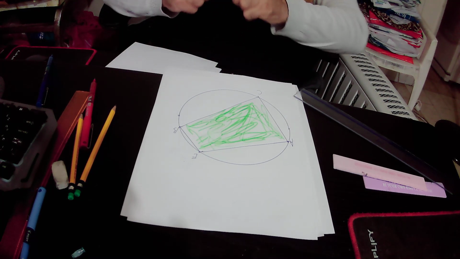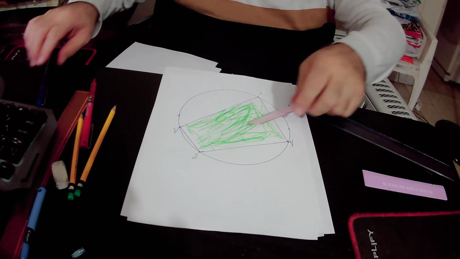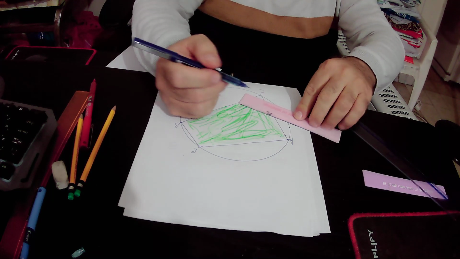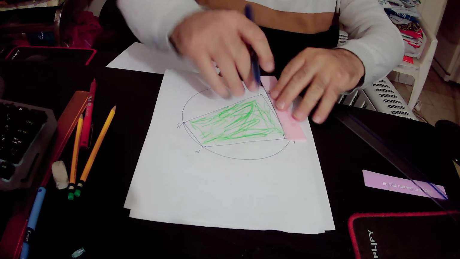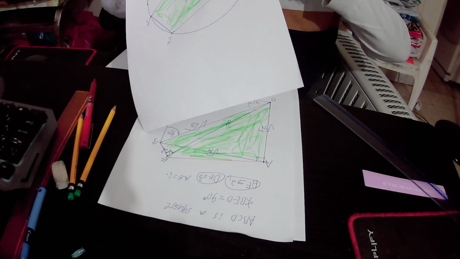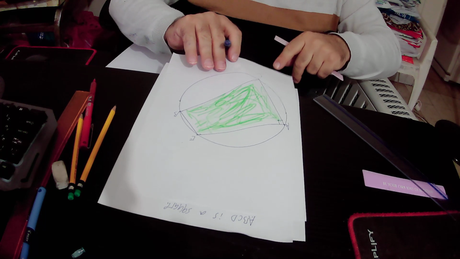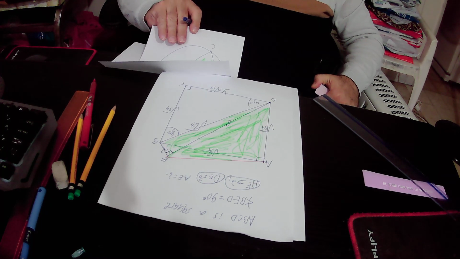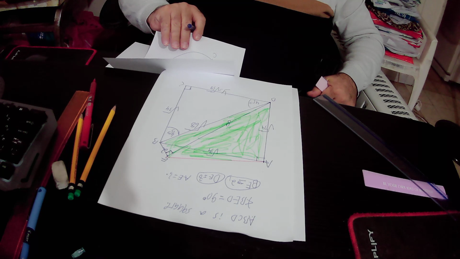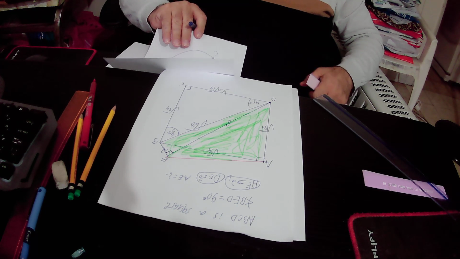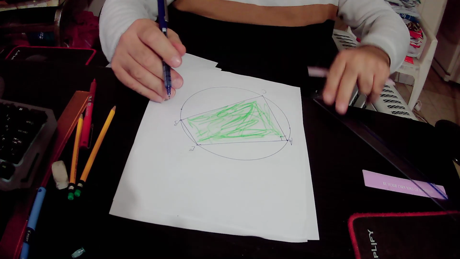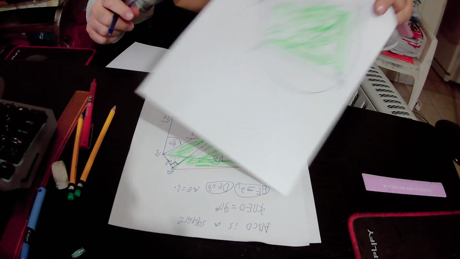And I will also repeat rule number 2. According to rule number 2, because of the fact that this right angle, angle BAD, so it is AEBD, so it is actually angle BAD is a right angle.